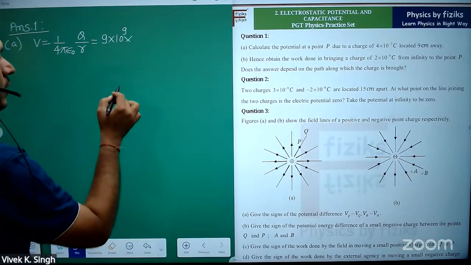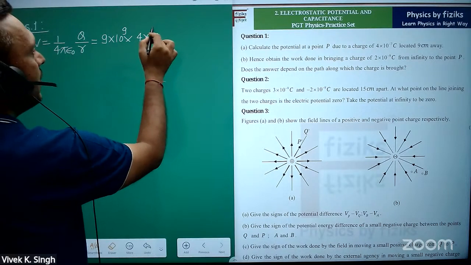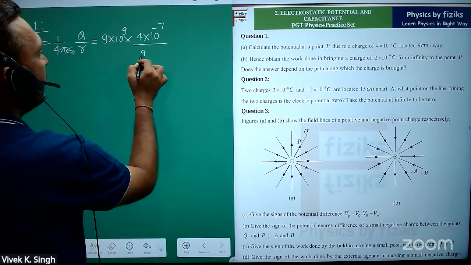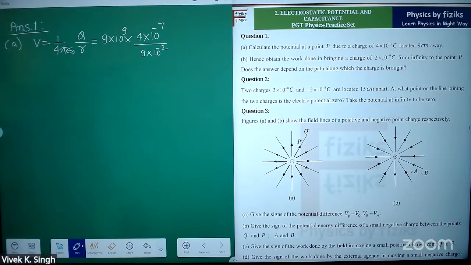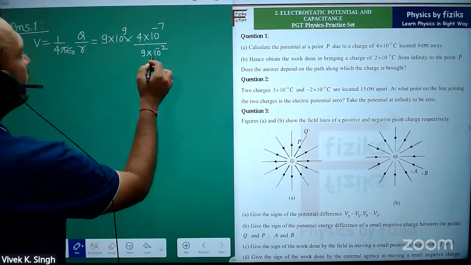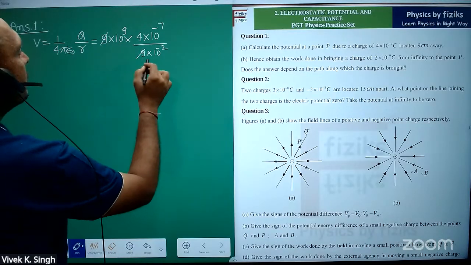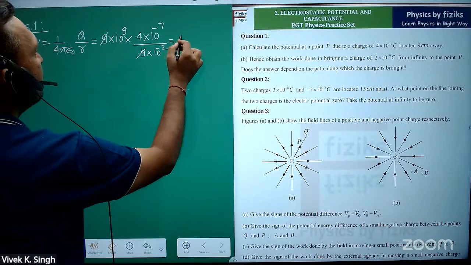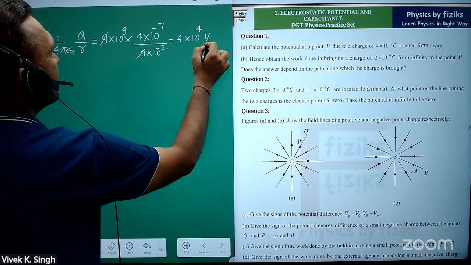Charge Q is given as 4 into 10 to the power minus 7, and 9 centimeter is 9 into 10 to the power minus 2 meters. So what will be this value? This 9 will cancel out, this is 10 to the power minus 5, so you will get 4 into 10 to the power 4 volts.